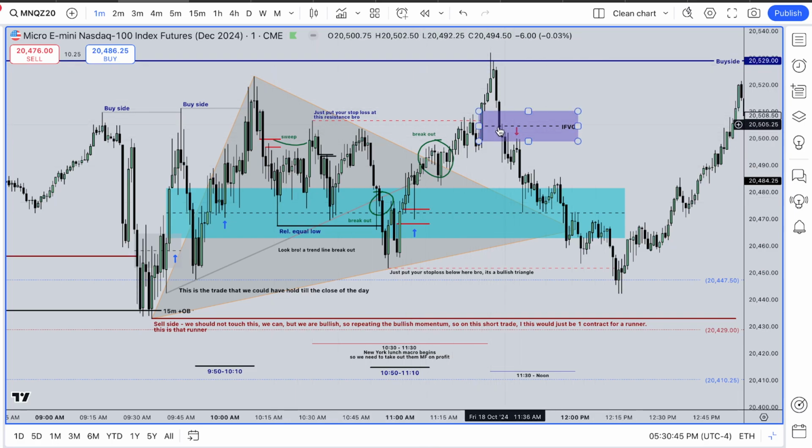Check out this high, this value gap that caused it. We inverse that, trade back into that, trade down to the low of this, or people hit their stop loss of that triangle stuff.